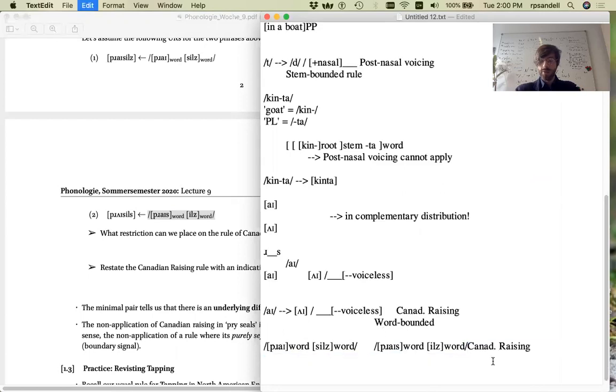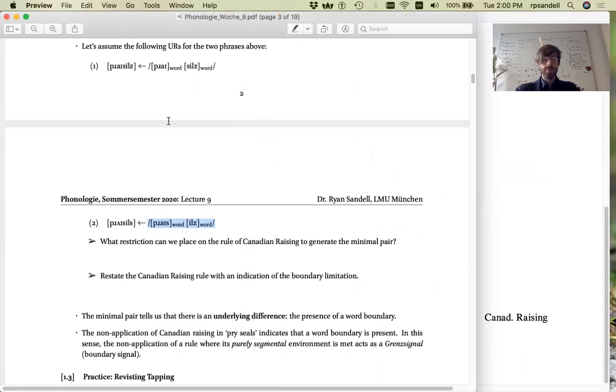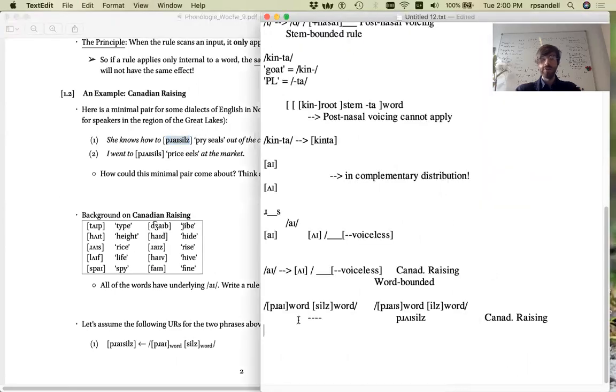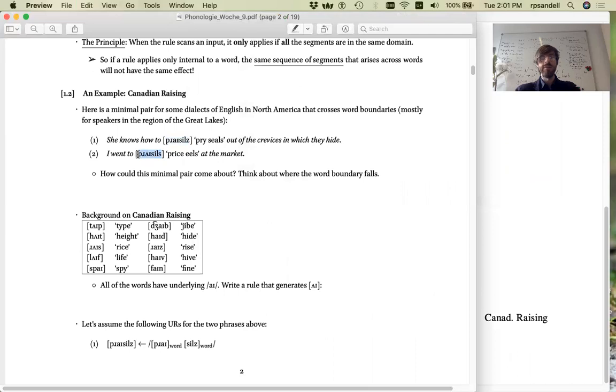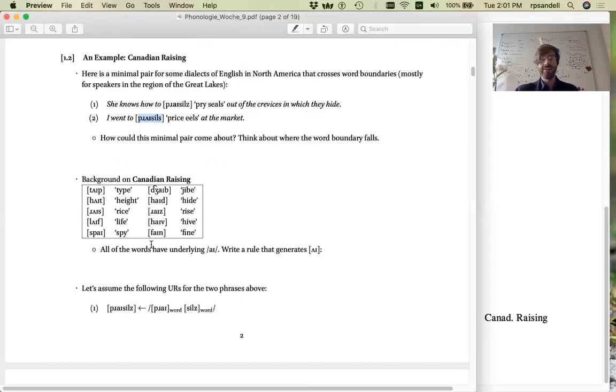And the ultimate output then is exactly what we expect. It produces this seeming surface minimal pair of "pry seals" with the lower diphthong, versus "price eels" on the other hand, with the higher diphthong. This distinction between these two diphthongs is rather subtle and difficult here, but it makes for a nice example.